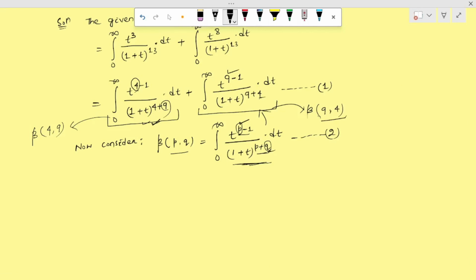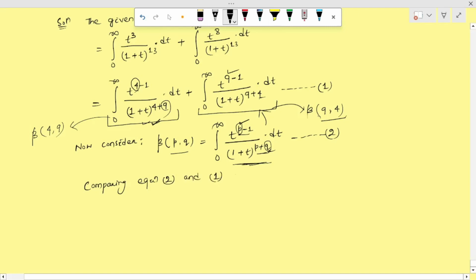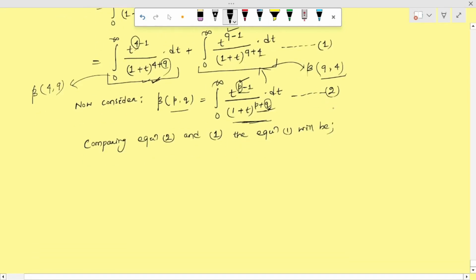So the same thing I am writing here, comparing equation number 2 and 1. Equation 1 is equal to beta 4 9 plus, for the second integral, beta 9 4.